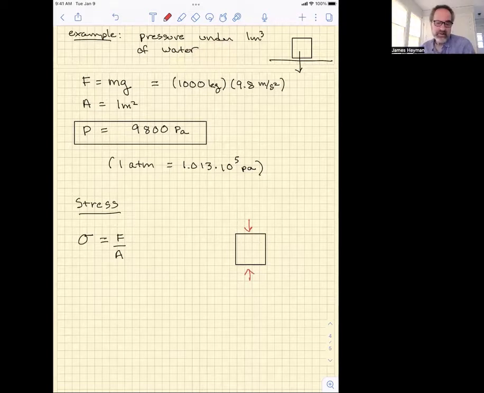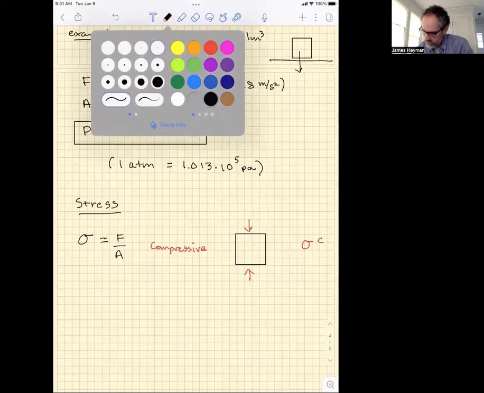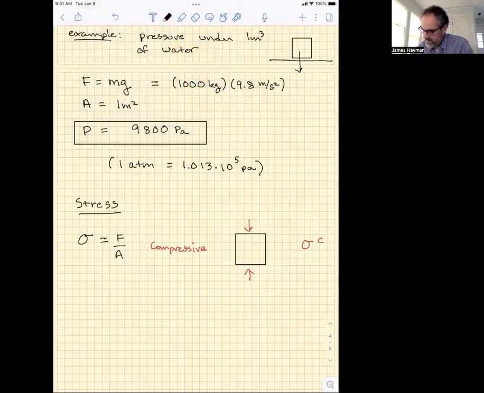We could have a compressive stress, as we mentioned before, where the force applied is normal to the surfaces and it's inward, it's squishing the material, okay? We could have likewise, but similar, other types of stress.